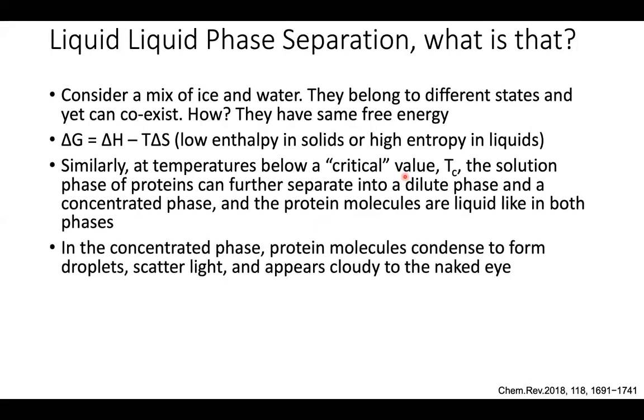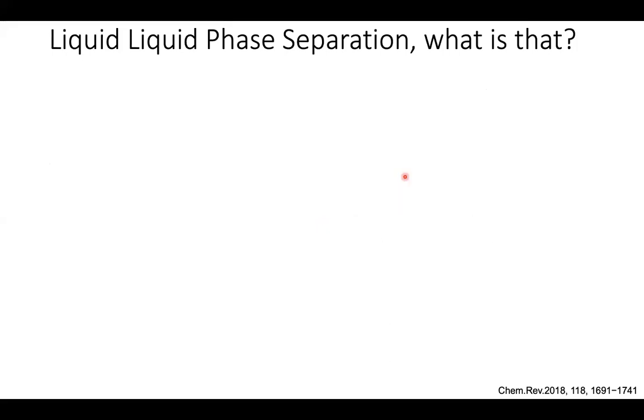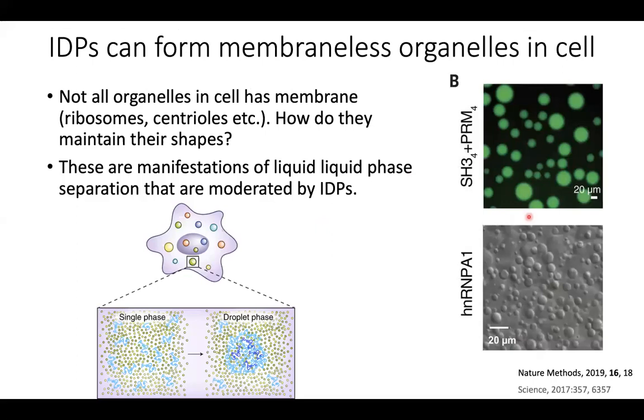So what happens is that in the concentrated phase, the protein molecules condense to form droplets and they scatter light and appear cloudy to the naked eye. So the picture that I showed you before, these are the formation of droplets, which means they are the high density region in a disordered protein.